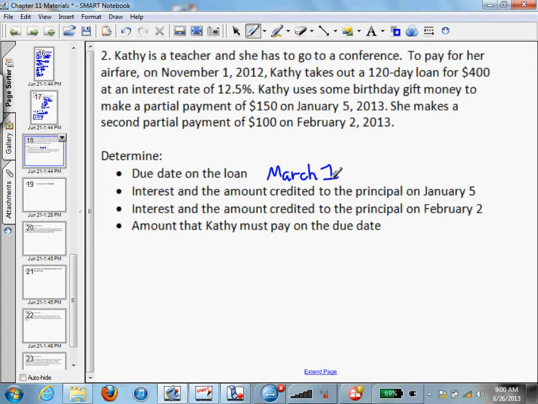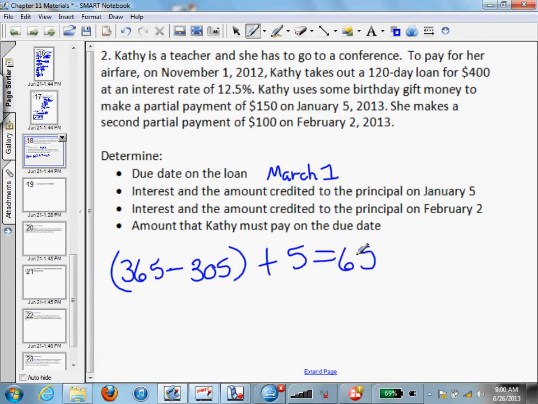Then you use the table to see that January 5th is the 5th day of the year and November 1st is the 305th day of the year. The number of days from November 1st to January 5th can be computed as follows: 365 minus 305, in parentheses, plus 5 equals 65.